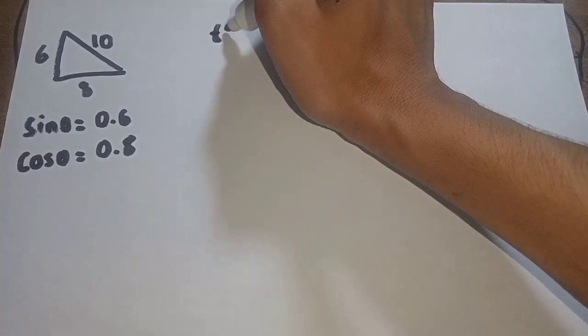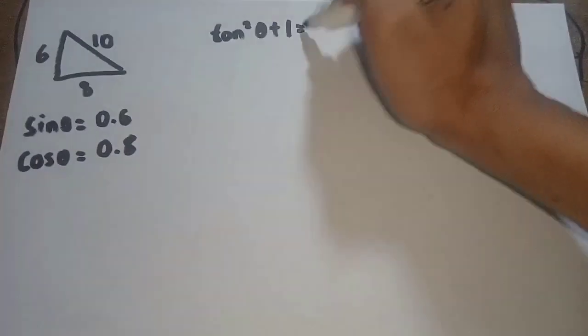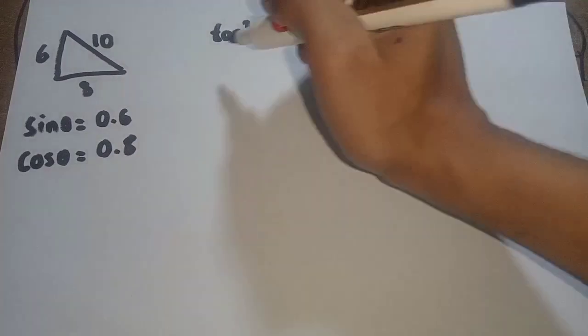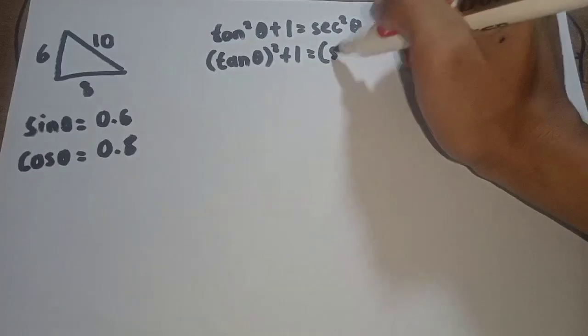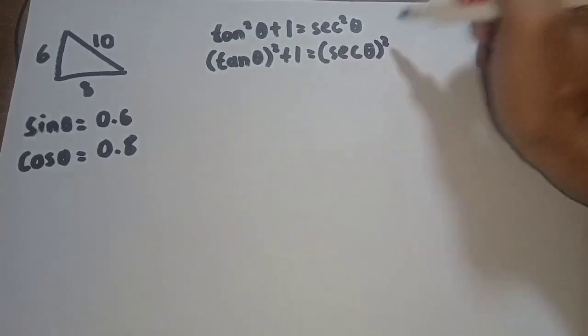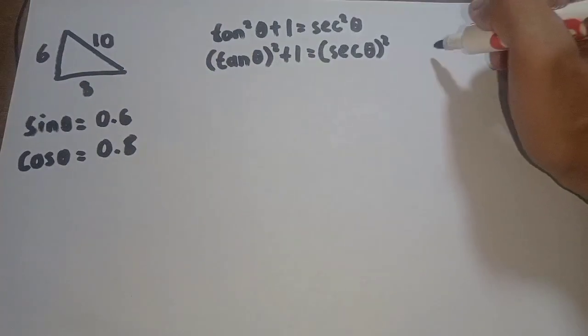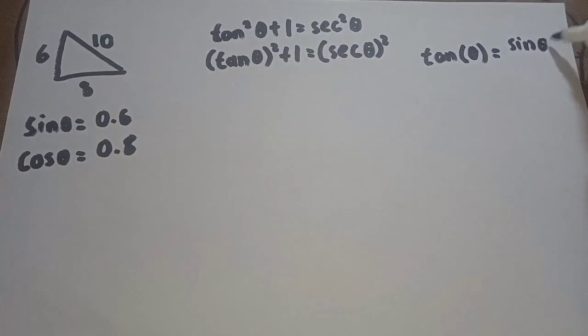How about we verify our answer using tan squared theta plus 1 is equal to secant squared theta. Let's change the notation first. We already know that tan theta is equal to sine theta over cosine theta.